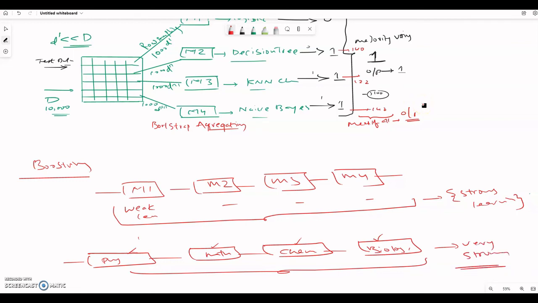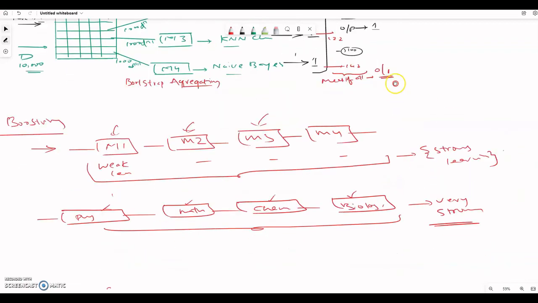So here we send some data to model 1. It may not perform well with everything. It may perform well with some part of the data, model 2 may perform well with some other part of the data, and model 3 may perform well with some part of the data. Like this, small performances combine together and give a good performance. This is about the boosting technique.